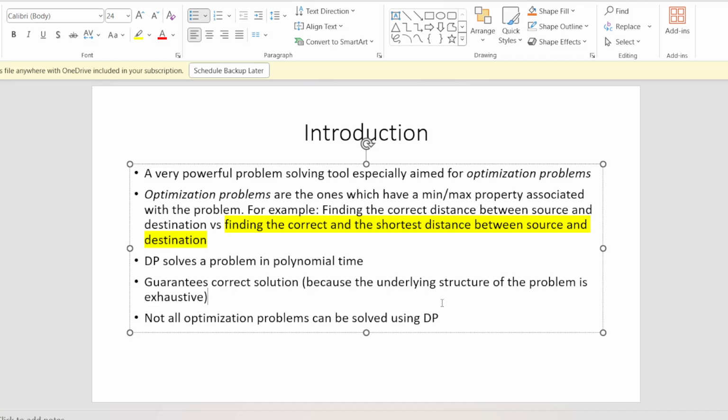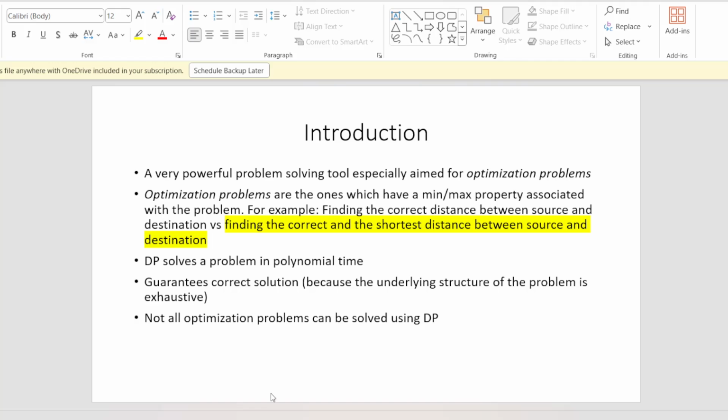Now, if we talk about the time complexity of dynamic programming, DP solves a problem in polynomial time. The best thing about DP is it guarantees correct solution. এবং কিভাবে গ্যারান্টি করে? It's because of the underlying structure, okay?